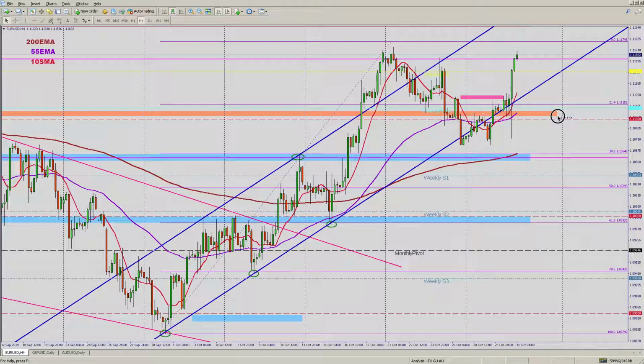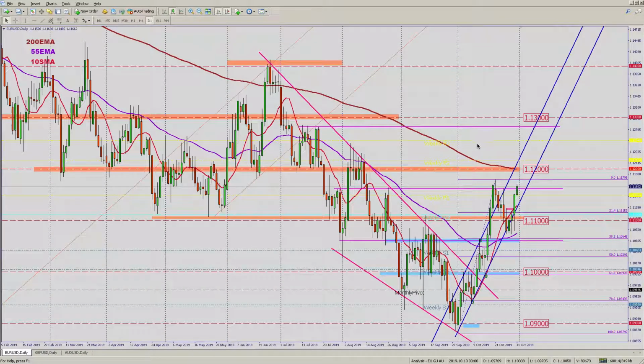So this is definitely now a key support zone, just below the weekly pivot at 111.11. And if it's not able to break above the previous swing high, then it could roll back lower towards the lower trend line of this bullish channel.